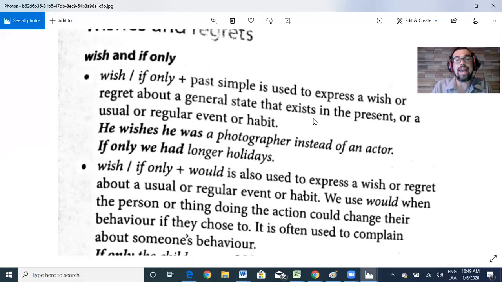Or the other one, a regular event or habit. If only we had longer holidays, right? Well, we as teachers, I think this is something we would always love, to have longer holidays. But the truth is that's not reality, right? In this case, it's just talking about a regular event or habit.